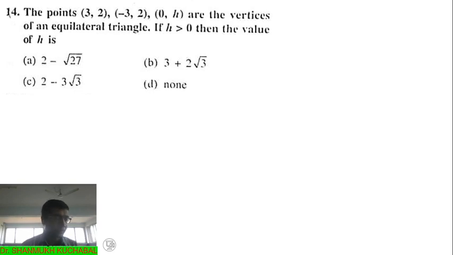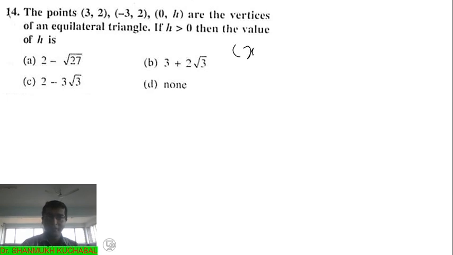Example number 14. The points (3, 2), (-3, 2), (0, h) are the vertices of an equilateral triangle. If h is greater than 0, then the value of h is, okay. So we'll take the coordinates.